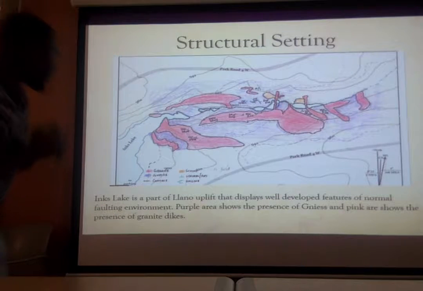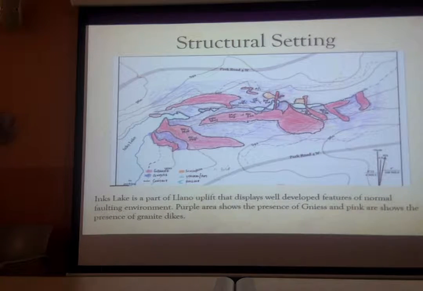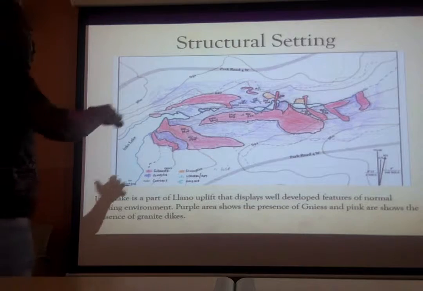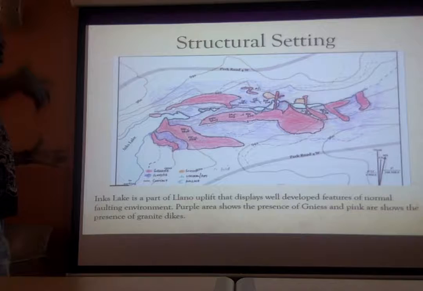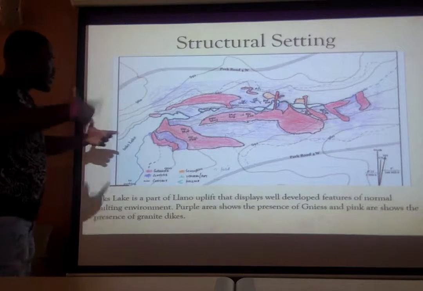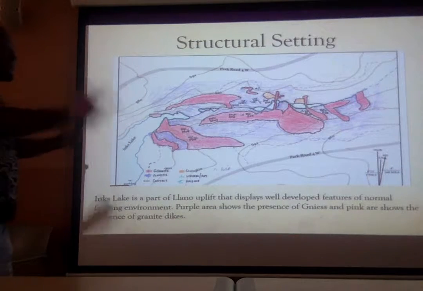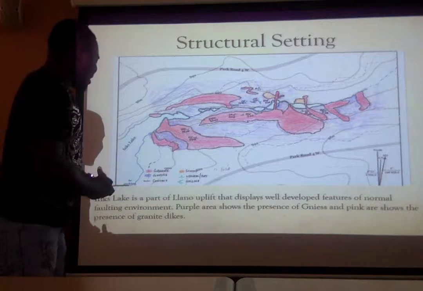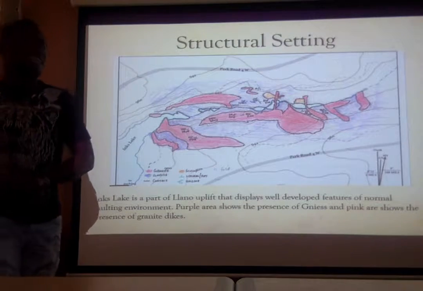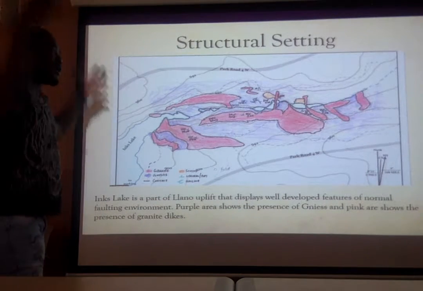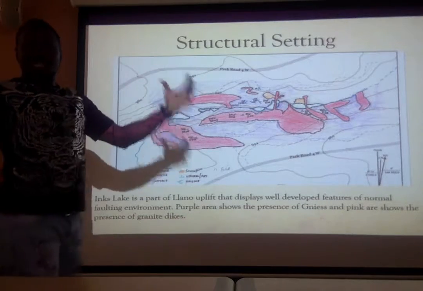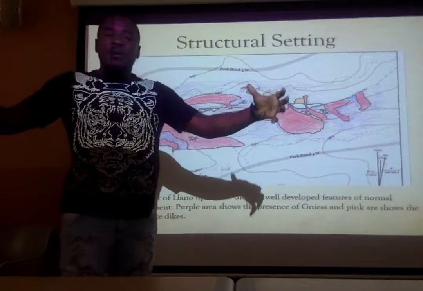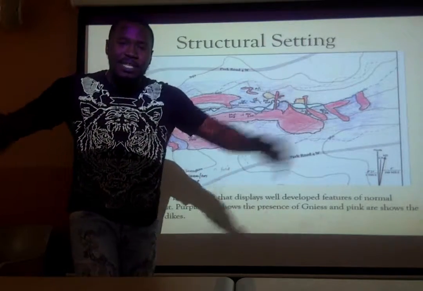In this area, we looked at various features that could have happened through the time at which the gneiss had undergone metamorphism. And I have my fellow colleagues here that will give us a good idea of what we did and also present some data on how we went over this investigation.